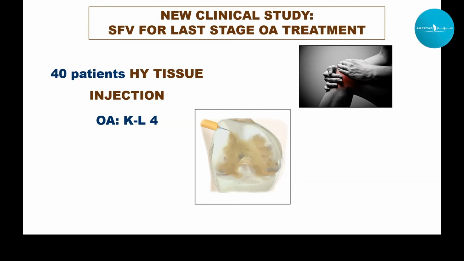Our idea is to understand how this minimally invasive treatment can delay the application of the total knee in these patients. Next year, I hope I will give you the results of this study. For the moment, early results are rather promising.